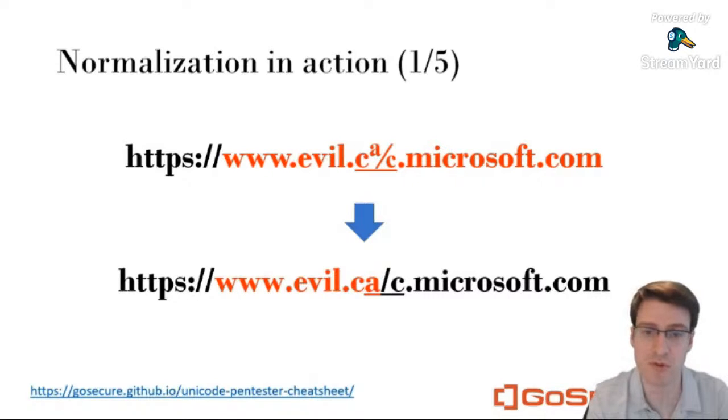So let's say that there was a parsing on this URL previously, and we made sure that it was a subdomain of Microsoft.com. Suddenly, because the browser did a transformation, we're not redirecting to the initial host that we intended to.